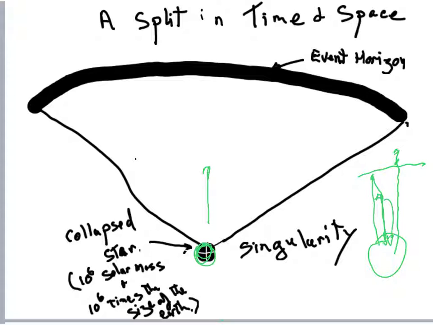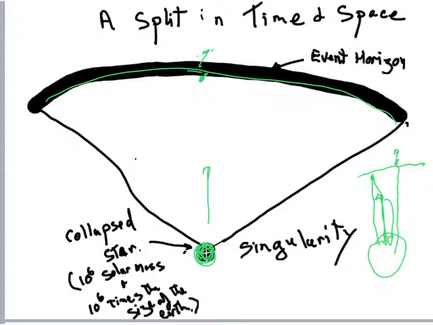Now, there are a couple of things with a black hole. This is called the event horizon, and that is the point in space where light from here can still escape the black hole, but anything south of there will not be able to escape the gravitational pull of that object. So basically, that's why a black hole is black.